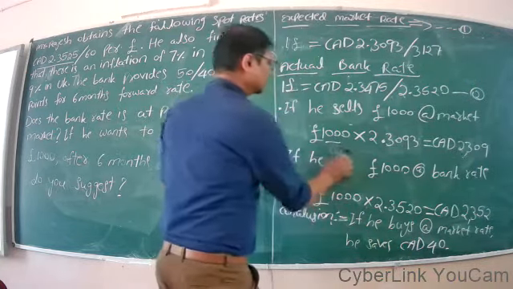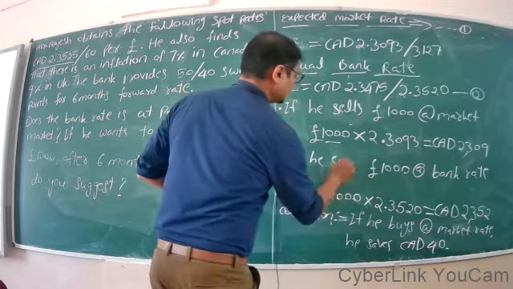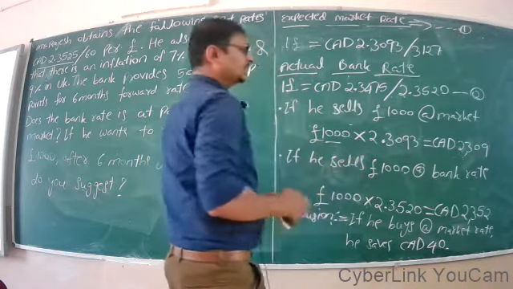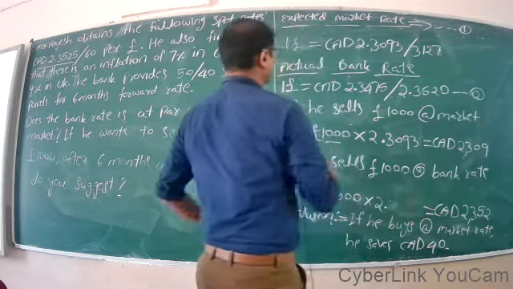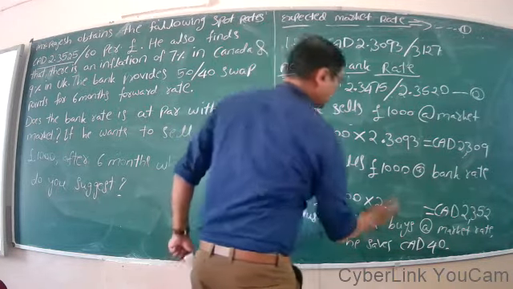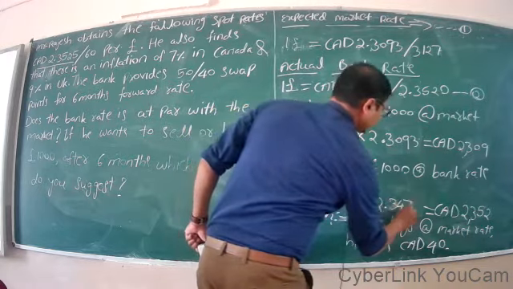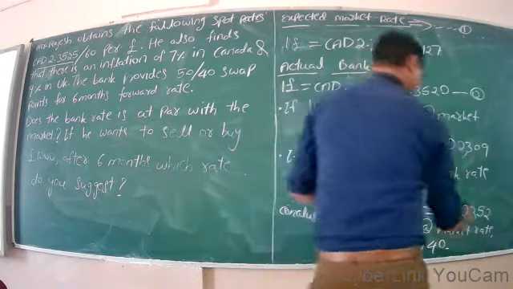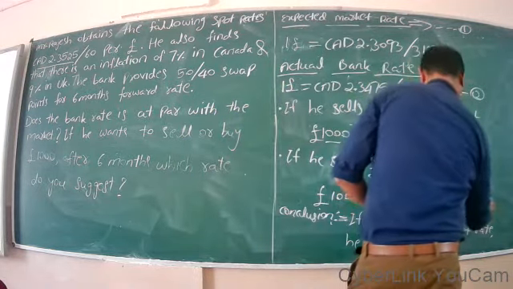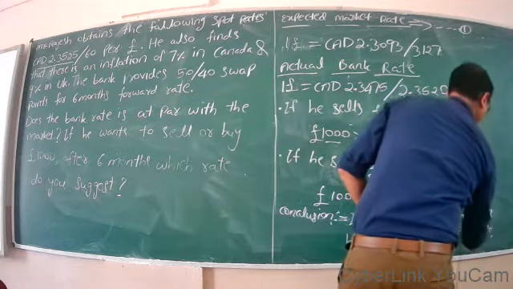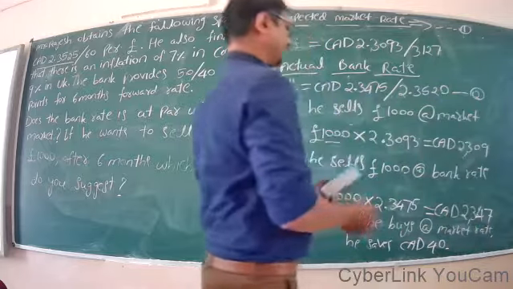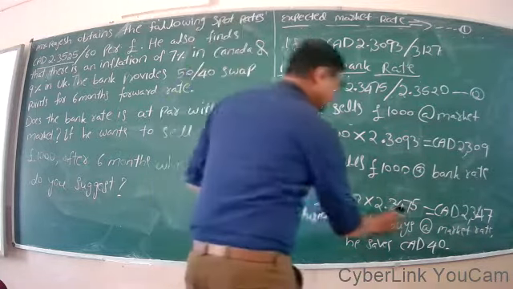And if he sells 1000 sterling pound at bank rate, the banker's buying price, that is the bid price of the bank, is 2.3475, that is 2347.